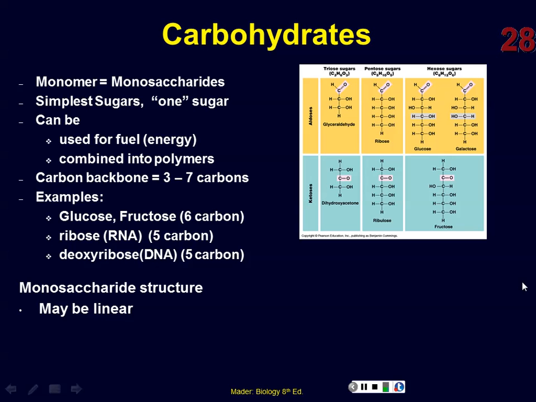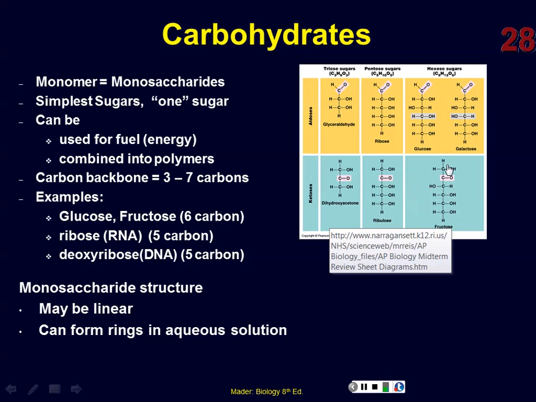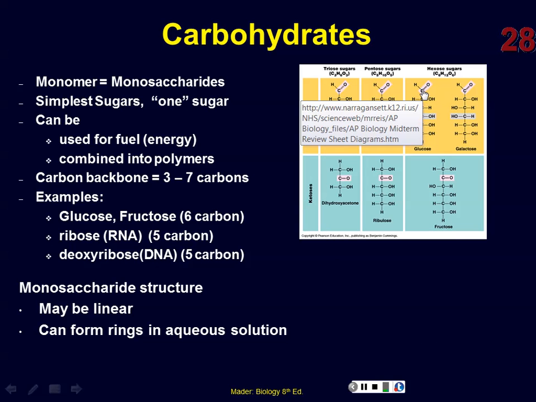So we see these sugars form rings in aqueous solutions. Don't let that confuse you, okay? What happens when these sugars are placed into aqueous solutions, take a look at fructose right here, or glucose, either one of those. What happens is this carbon will come around and bond with that carbon right there. And it forms a ring, literally.